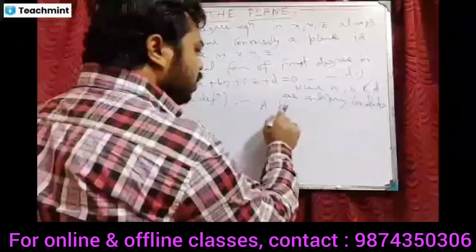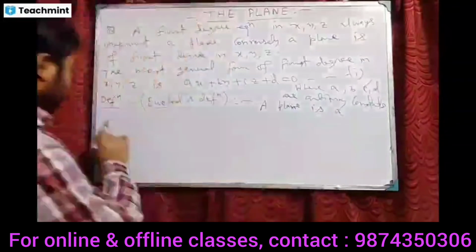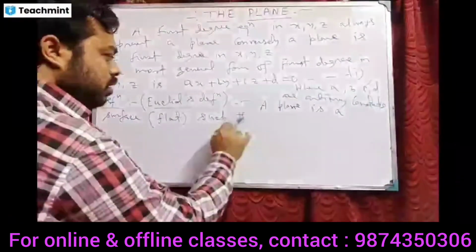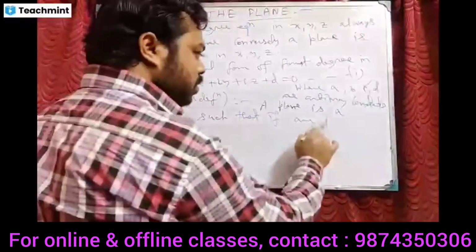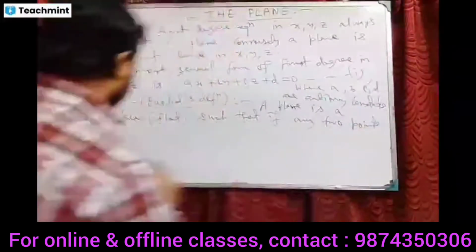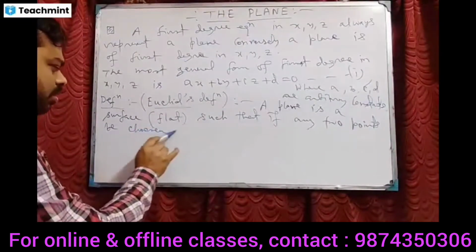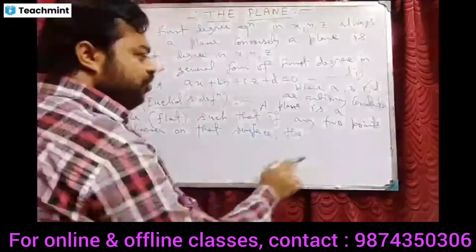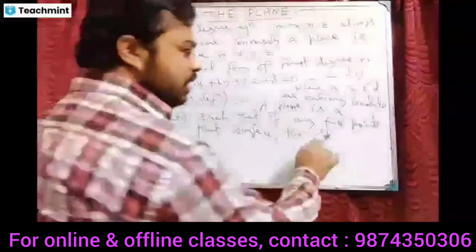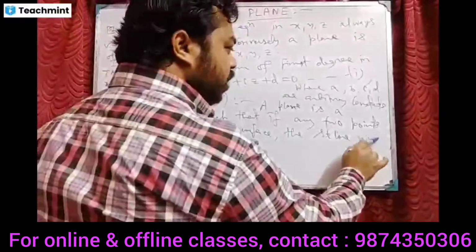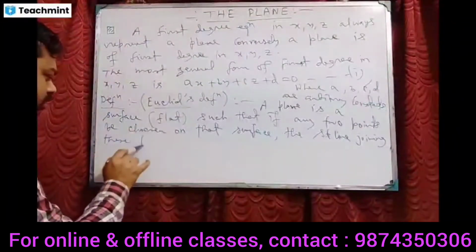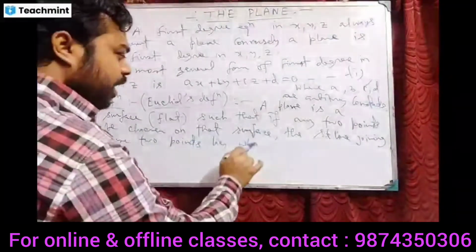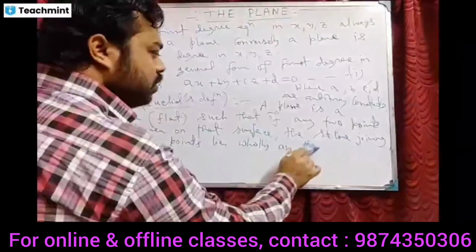So a plane is a surface, flat surface, such that if any 2 points be chosen on that surface, the straight line joining these 2 points lies fully on that surface.